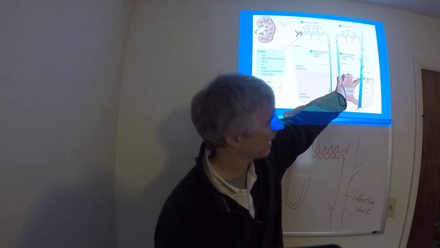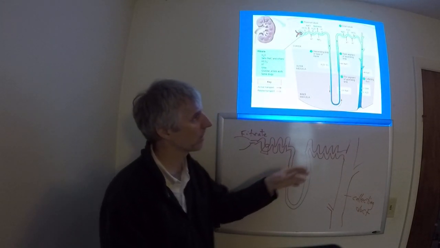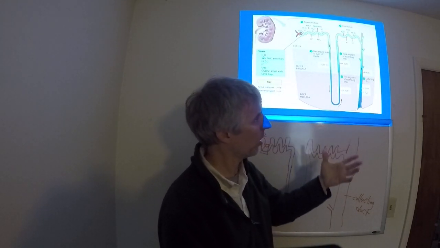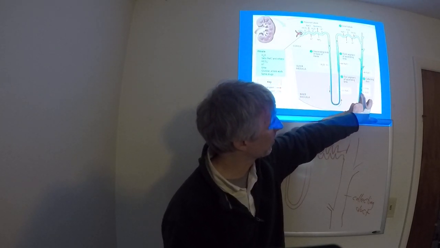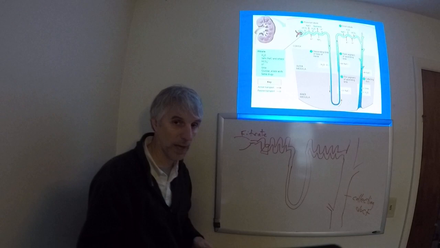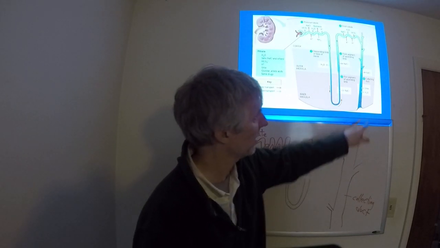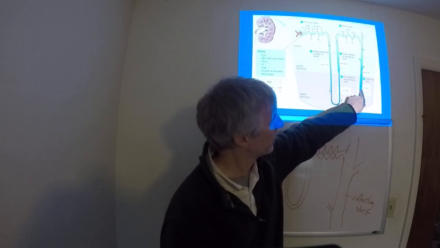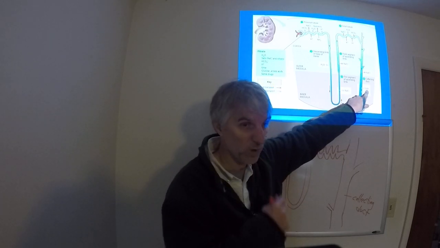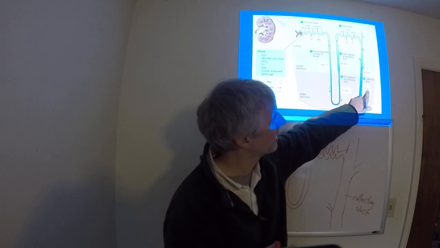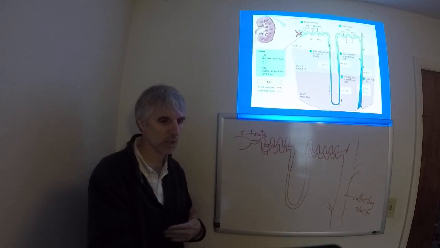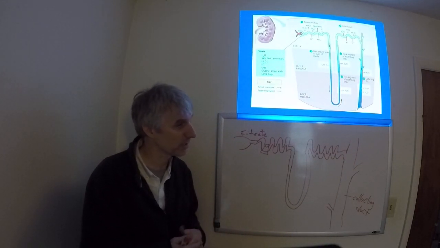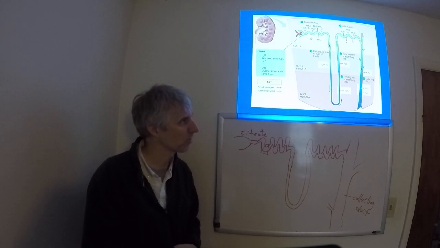This portion of the collecting duct is permeable to water, which means we could help retain some water by concentrating the urine a little bit more to pull that water back into the body. The urea is also being passively transported out of the urine and into the kidney. Not all of it. Most of what you're going to push out through your urine is going to be this urea, nitrogenous waste.